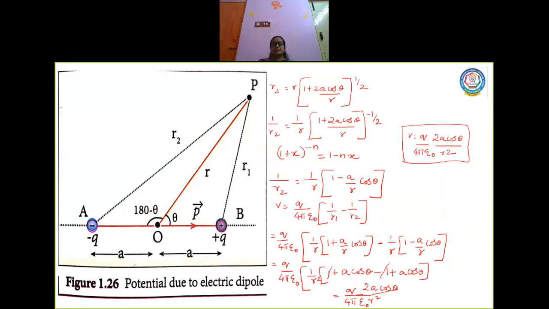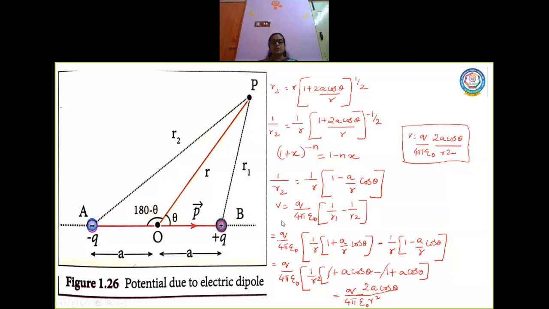So what is the special case? The first special case is, I am going to consider this point P in 3 different points. The first one is, imagine this point to be here. That is, the point P is near plus Q, and this point P is along the axial line. So case 1, the point lies along the axial line and also near plus Q.